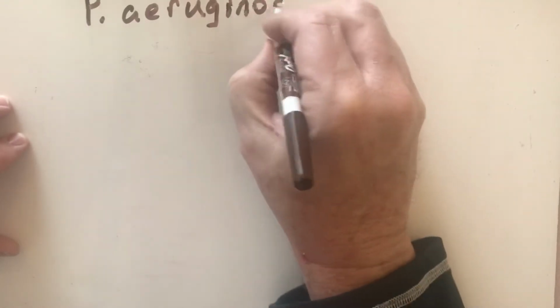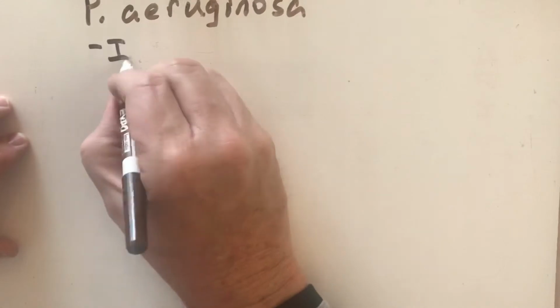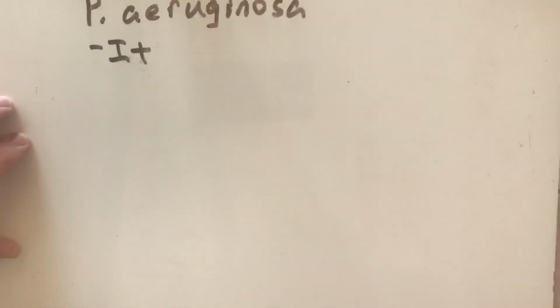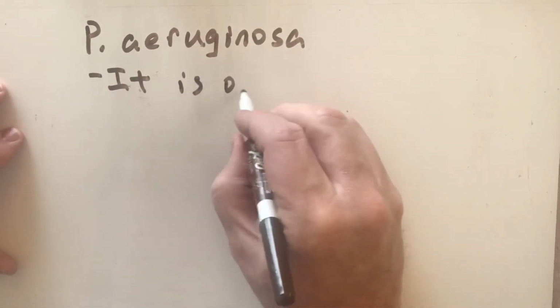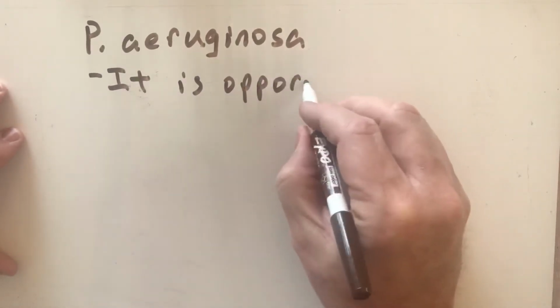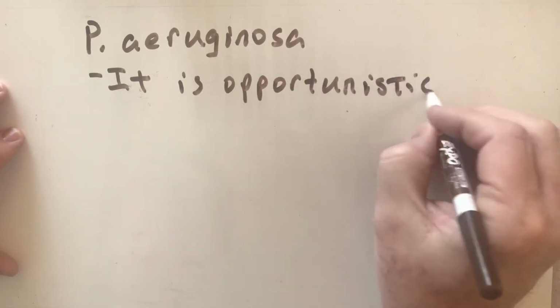Now let's talk about Pseudomonas aeruginosa. Okay, and Pseudomonas aeruginosa, what's going to happen? First of all, this is opportunistic. It has to wait for a decrease in the immune system before it becomes a problem. It's also a nosocomial infection.